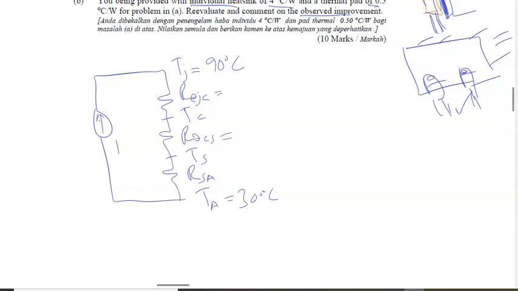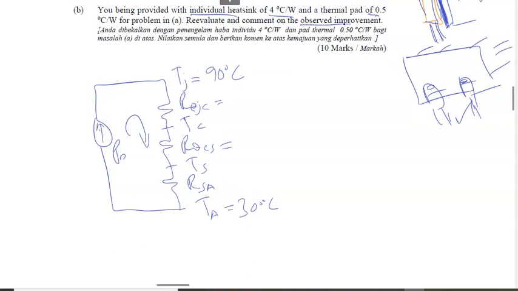So what else here? We have PD. Draw and label, and for sure later you have 1 mark for that. Even though not a mere request, if you show the concept, there should be a mark already. Then label all the information that is given. We have heatsink of 4 degrees C per watt.